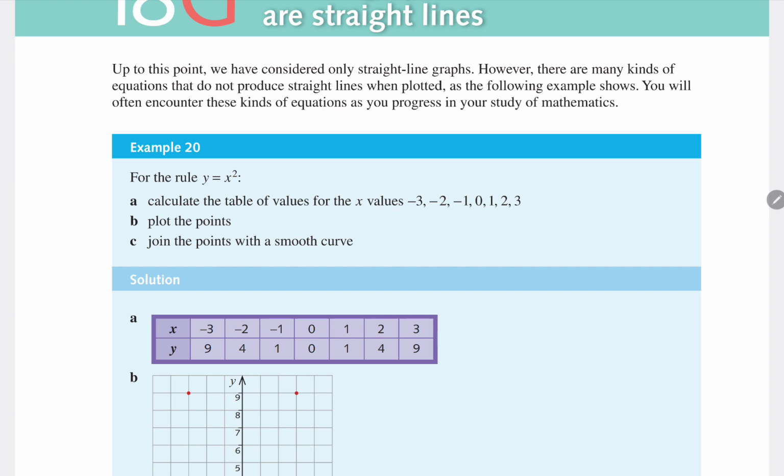Okay, scroll down. Let me see if there's any other extra stuff apart from this. Oh yeah, simultaneous equations, by plotting. Okay, so you're just learning about graphical methods first, not the actual algebraic method.